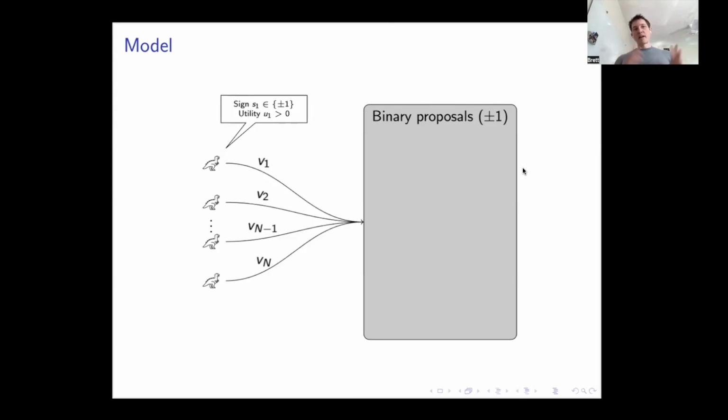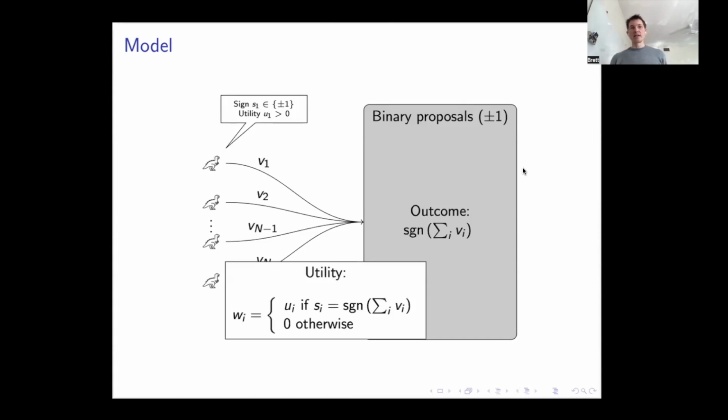So in this model, everybody gets some signal, they cast some vote, and the outcome is you sum up the votes, and if it's positive, you go to +1, and if it's negative, you go to -1. This is discrete voting. And if people have different preferences, you can say the utility is, for player i, U_i if the outcome of the vote goes the way they want.